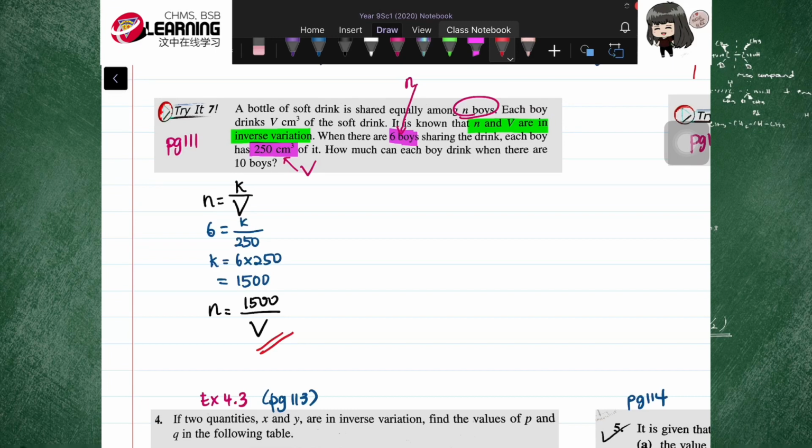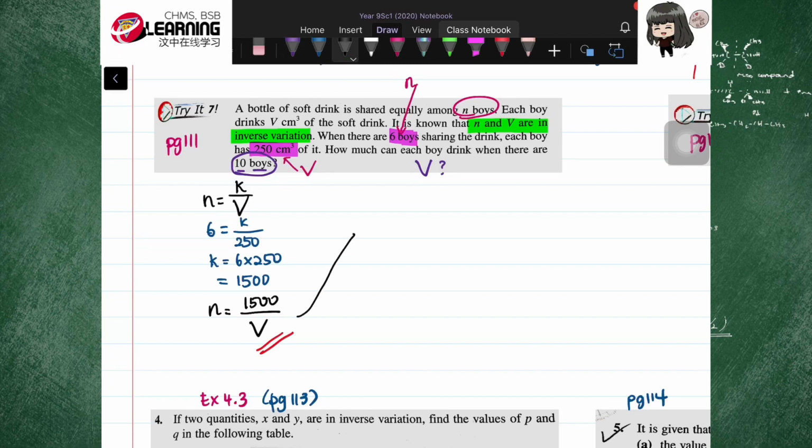Next, they're asking how much each boy can drink, which means they're asking you to find the volume v each boy can drink, when n equals 10. Obviously 10 boys is your n.